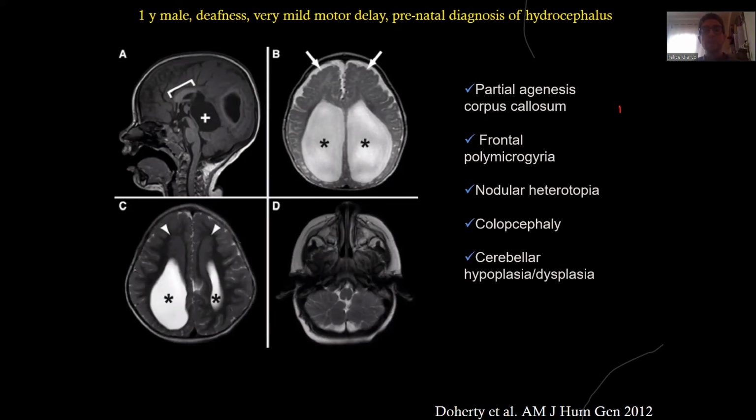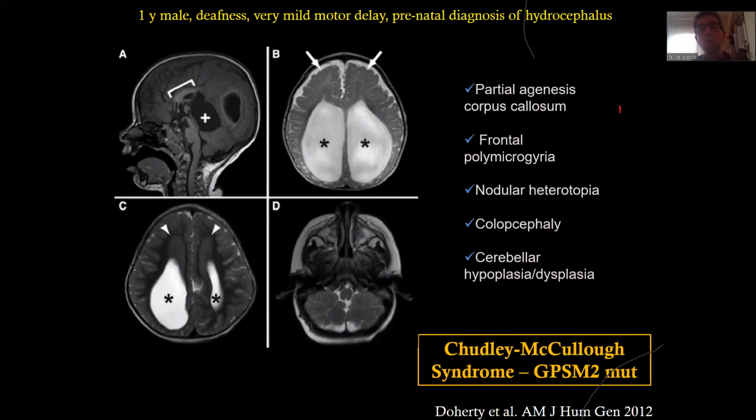Now, we have this combination of findings, again frontal polymicrogyria, nodular heterotopia, partial agenesis of the corpus callosum, colpocephaly, and this very typical, although not present in all the patients, disfoliation of the cerebellum. This is called Chudley-McCullough syndrome in a deaf child. Okay, so even in a deaf child, you see this constellation of findings with this strange cerebellum.